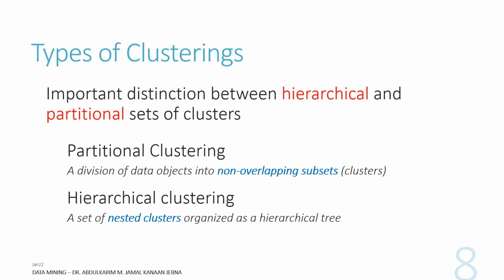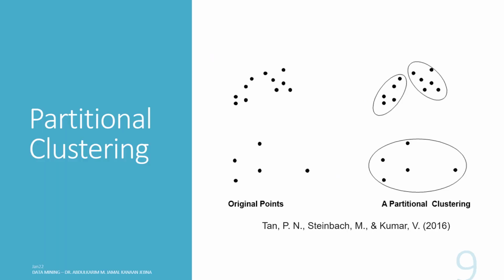This type is called partitional clustering. The other type is hierarchical clustering. In hierarchical clustering, the algorithm allows a set of nested clusters organized as a hierarchical tree. As we might end up with nested clusters, a data point or object can belong to more than one cluster.